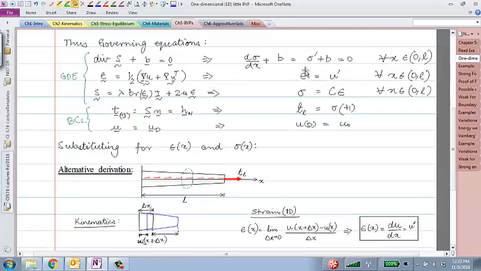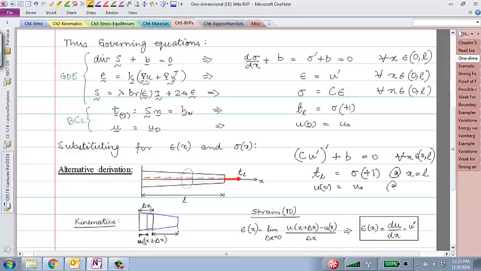I'll very quickly also state that if you plug in these two, stress and strain, back into this equation, you can actually simplify that down to C u double prime, that's stress prime, plus b equal to 0, and then the two boundary conditions, sigma L is equal to T L is equal to sigma acting on plus 1, and U at 0 is equal to U0. So this is for all points x between 0 and L, and this is at x equal to L, this is at x equal to 0.